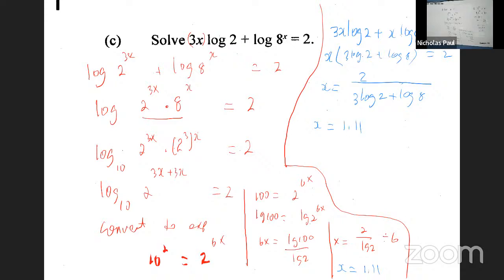Okay, nice. So you could have done it like the blue method, or the red method.